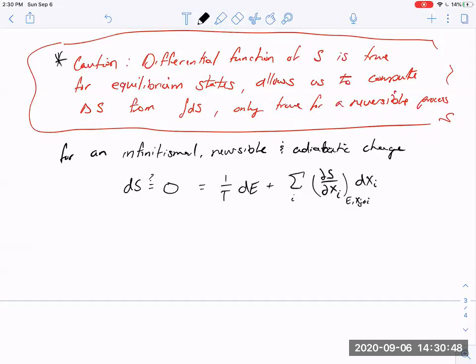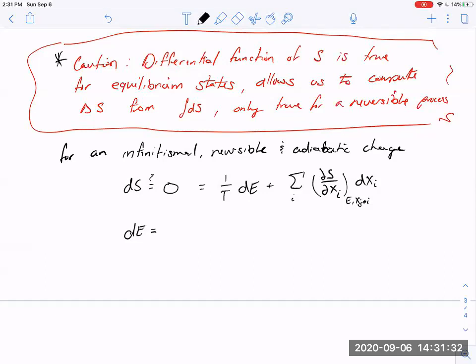So if we have a reversible adiabatic change, the total change in the entropy is 0, which means that there's going to be a relationship between changes in the energy and these changes in the entropy due to changes in the mechanical variables. If we remind ourselves that the first law tells us that changes in the energy are afforded from how the entropy changes with energy. Sorry, there's no change in the entropy due to changes in the energy.